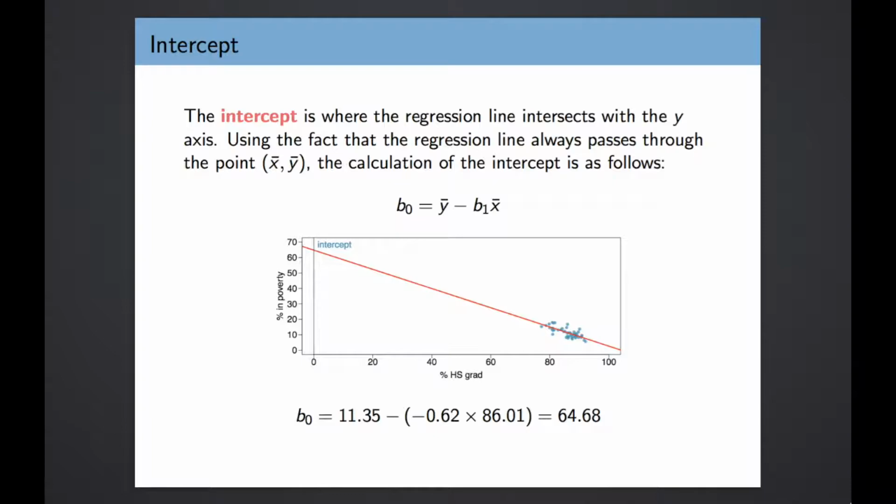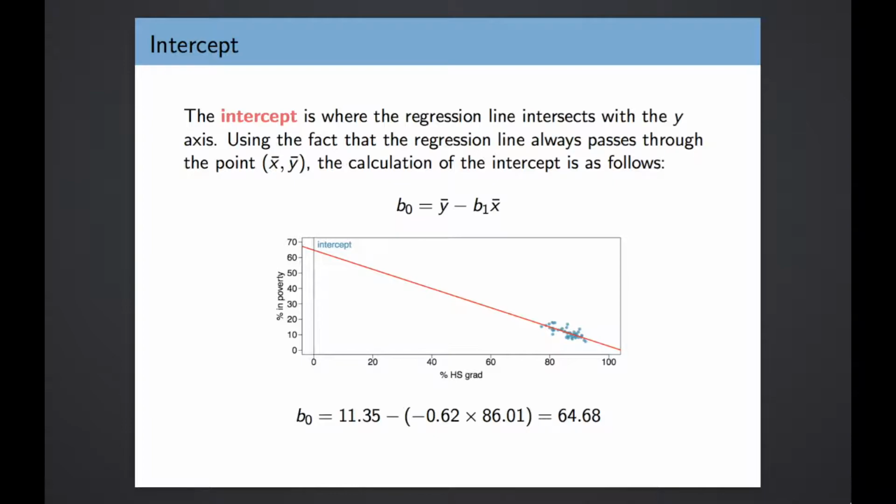So if the mean of x is 0, then the regression line crosses the y-axis right at the mean of y. And so that's how we use this information, that the regression line always passes through this mean of x, mean of y point, to find this more general formula for the intercept.